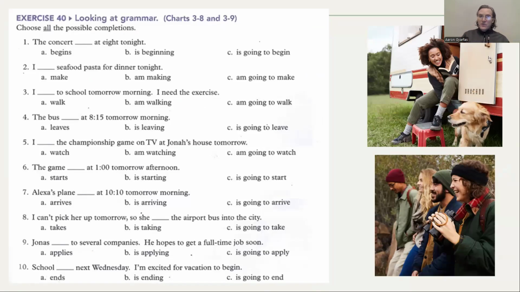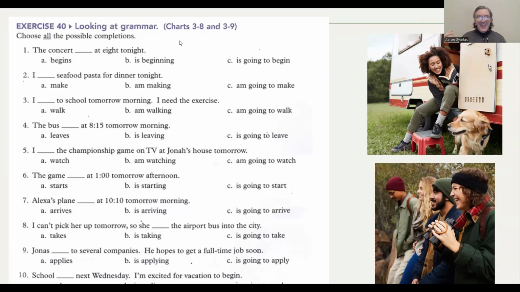So for this exercise in your textbook, exercise 40, on page 85, look at all of these examples. They are all in the future.